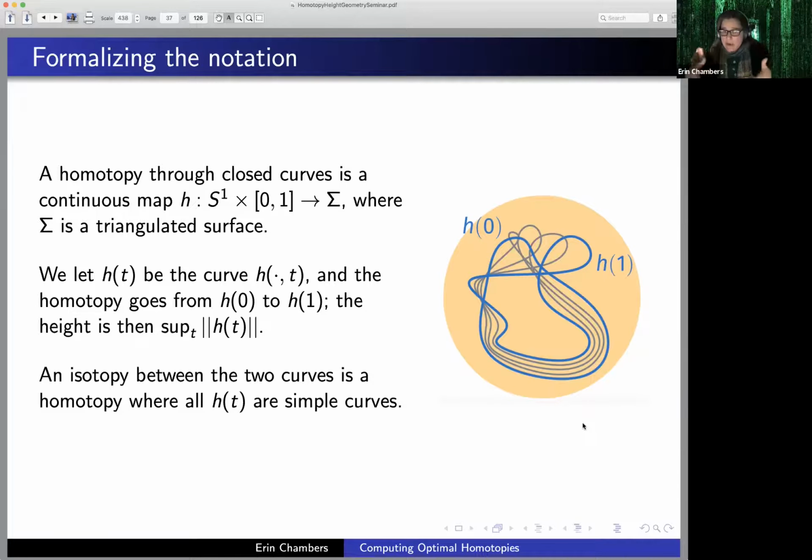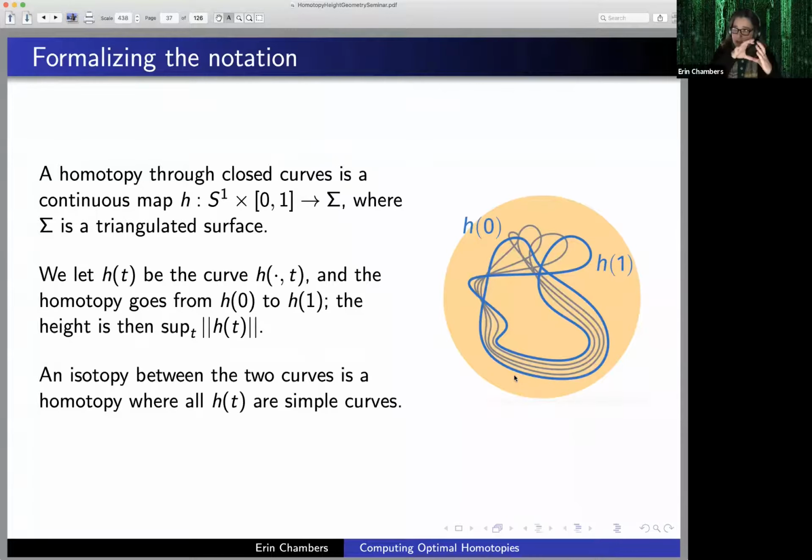Figuring out the complexity of this precisely turns out to depend on how bad those intermediate curves can be. Can they wiggle around? Can they backtrack? Can they self-intersect? What do they do? Because if I want to compute the best such one, I need to restrict my search space, right? I can't look at every single curve possible in this continuous setting. So I'm going to use h of t for these intermediate curves along the way.